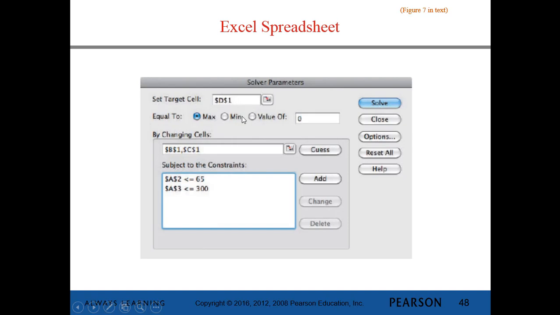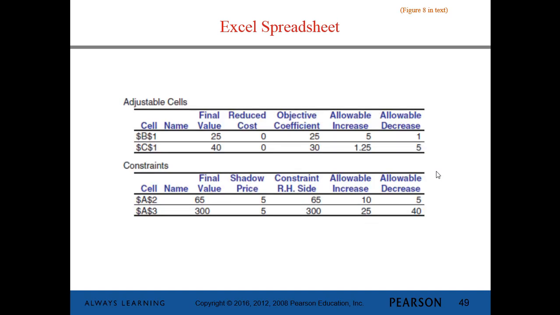You pick your target cell, you pick what you're going to do, your maximum, and you're going to do it by changing these cells. And then these are the constraints. But we're going to do that in our calculator, and I'm going to download a program onto your calculator when we get to this chapter so you're able to do this on your calculator. So we're not going to be using Excel, but we'll definitely be using your calculator.